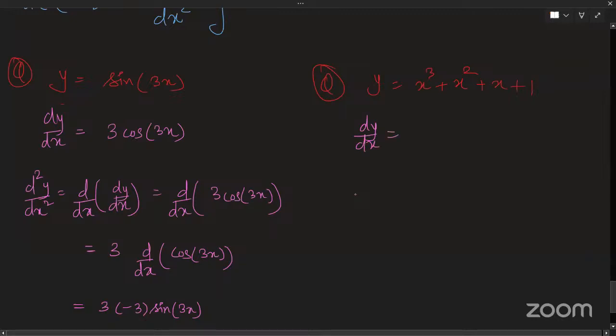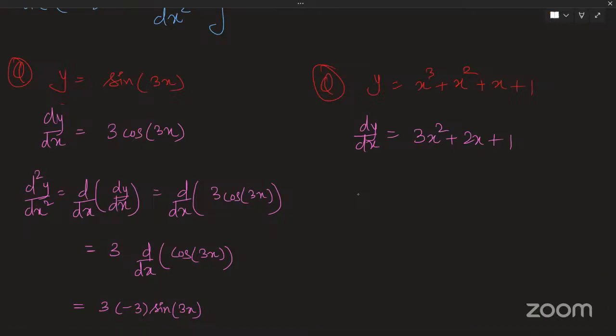Over here, what is your value of dy by dx? 3x square plus 2x plus 1. Right? Yes, sir.